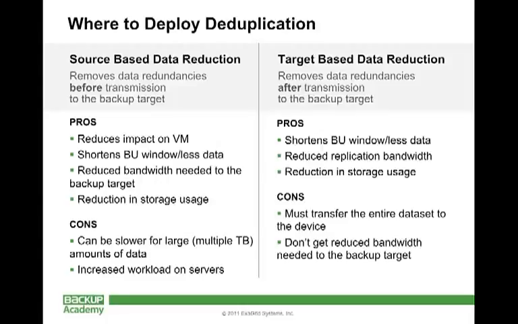The pros of this can be that it will reduce impact on the virtual machines if, in fact, the technique is implemented correctly. It could shorten your backup window as less data needs to be transmitted. If bandwidth between the virtual machine and the backup target is an issue, this will reduce bandwidth needed to send data to the backup target. And it does have the impact of reducing storage usage.